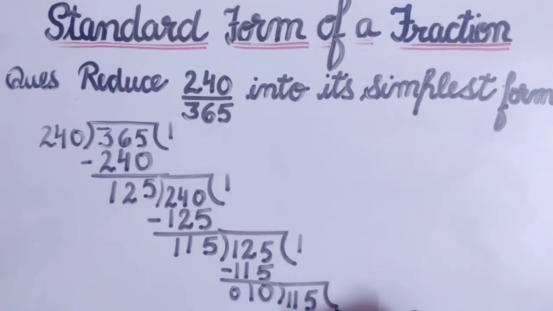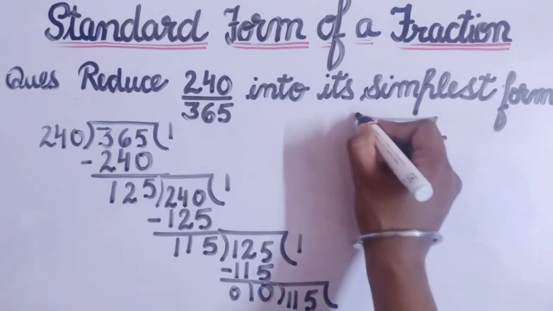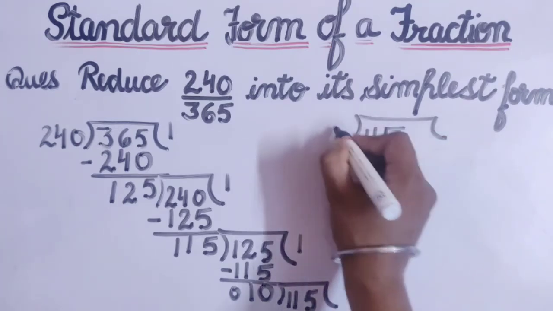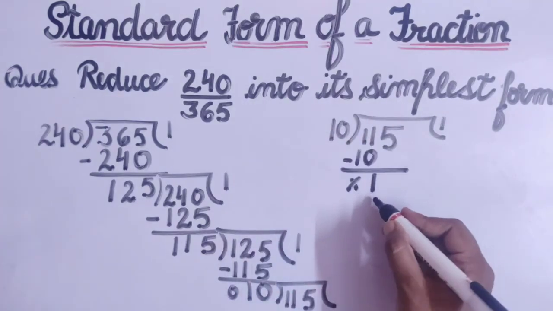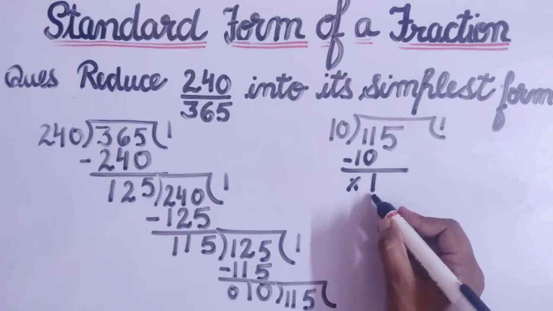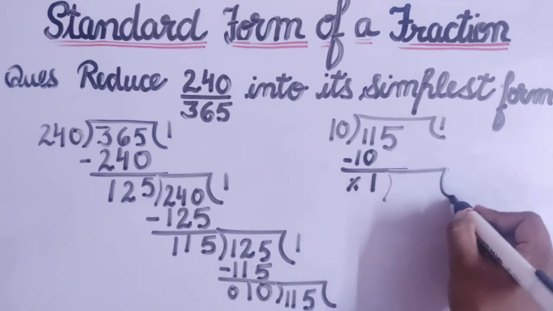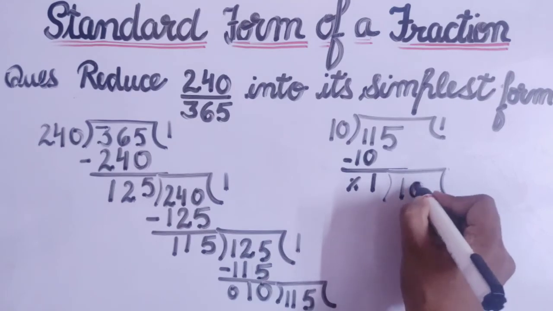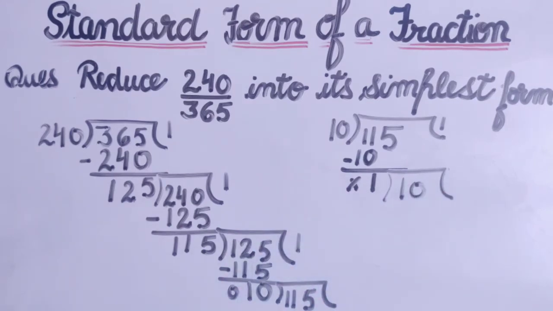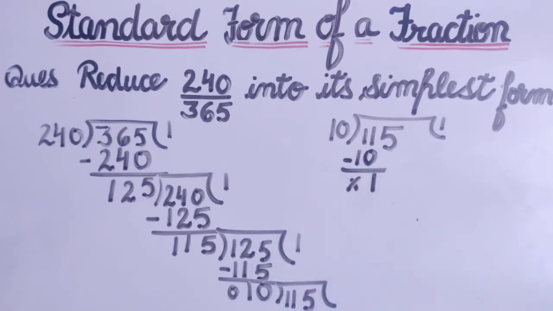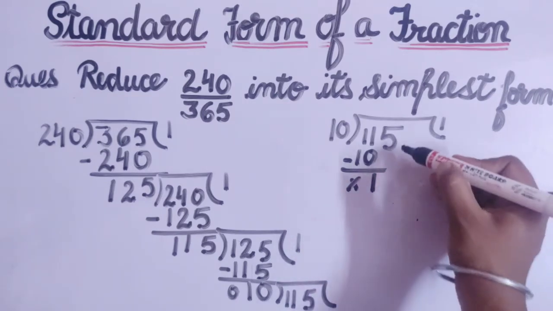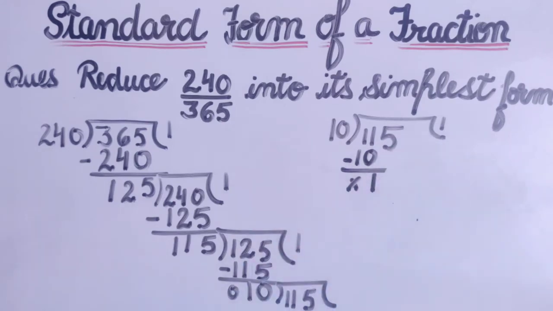Now once again remainder will become divisor and this divisor will become dividend. Yes students, now I am not having space here, so I am doing it here. 115 divided by 10. 10 ones are 10. Remainder is 1. Now students, it's not like that 1 will become divisor and this divisor will become dividend. No, it will not be like this. Students, remainder will not become divisor. You have to check when something is there to carry down, then in that case the remainder will not be the divisor.